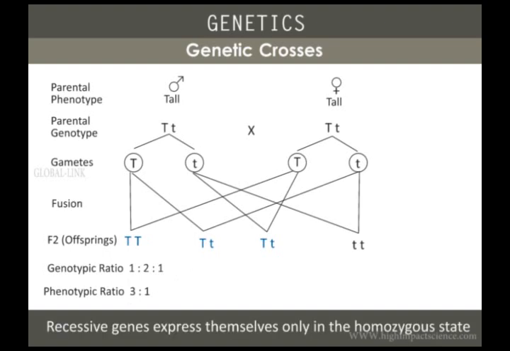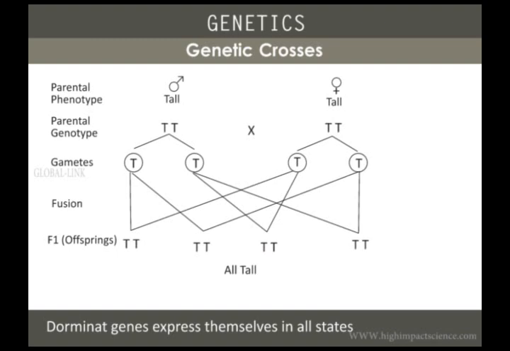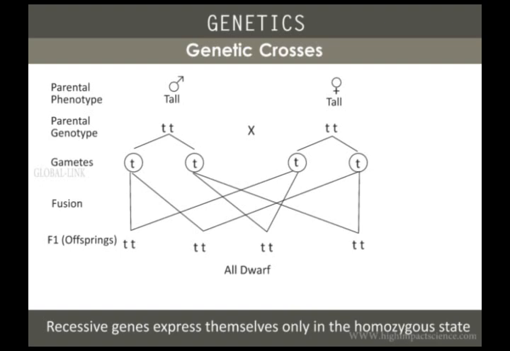A recessive gene only expresses itself in the homozygous state, like in small t, small t. The dominant gene expresses itself in both homozygous and heterozygous states. If we crossed 2 tall plants, we shall obtain all tall plants in the F1 generation. Equally, if we crossed 2 dwarf plants, we shall obtain all dwarf plants.